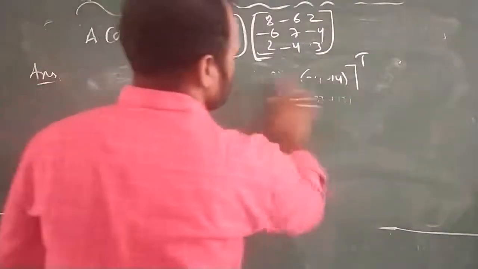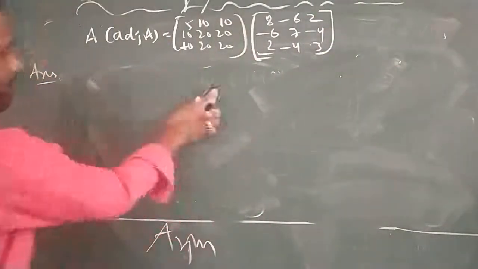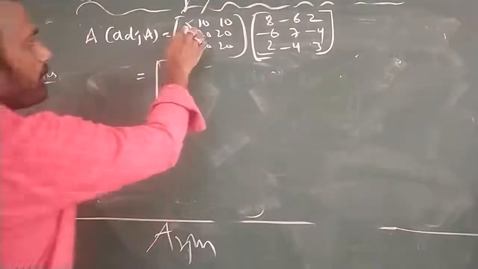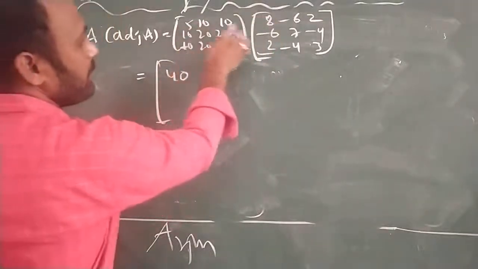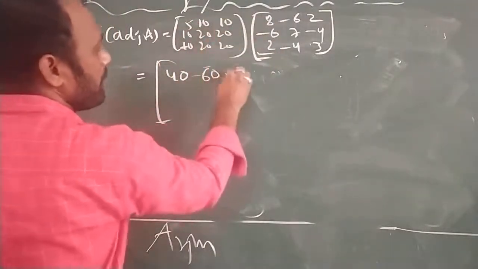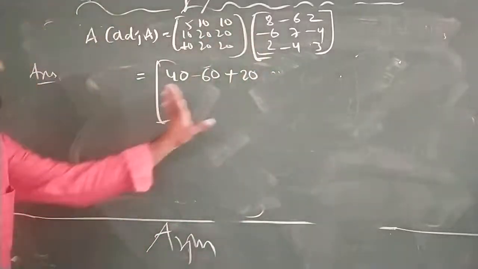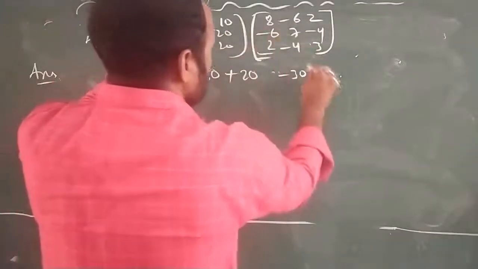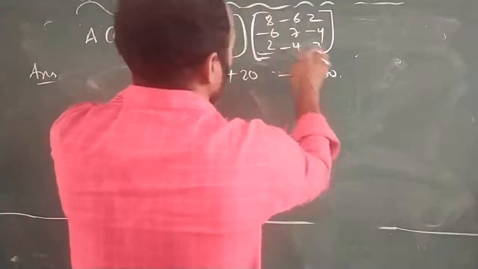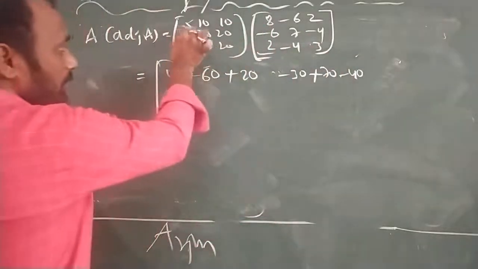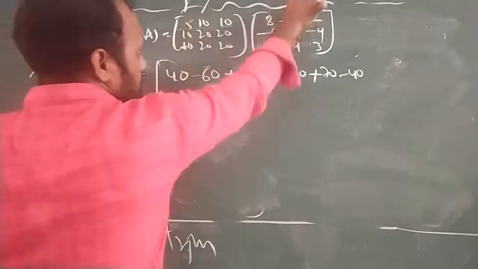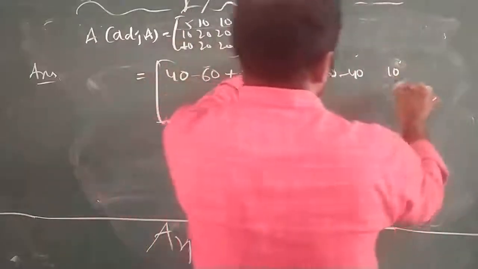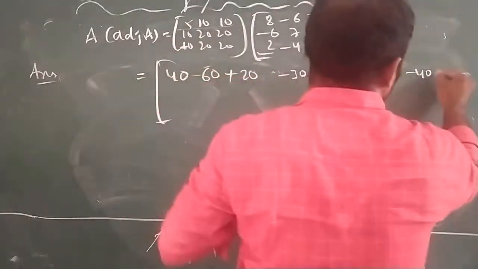So if I multiply these two matrices, then what are we going to obtain here? 5 into 8, 40, 10 into 6, minus 60, plus 10 into 2, 20. Next, 5 into 6, minus 30, 10 into 7, plus 70, 10 into 4, minus 40. We have to take first row, first column, first row, second column, first row, third column, like this. So 5 into 2, 10, 10 into 4, minus 40, 10 into 3, plus 30.